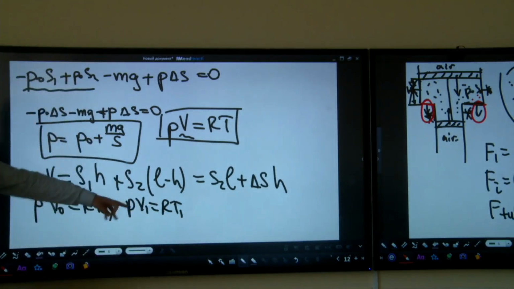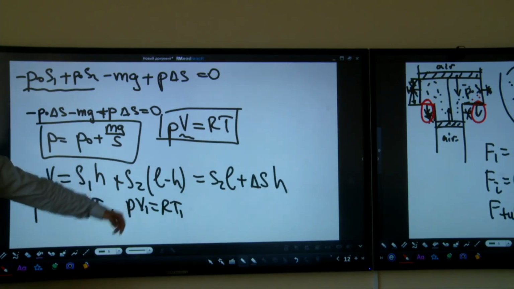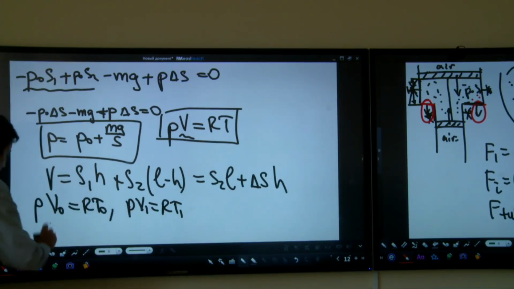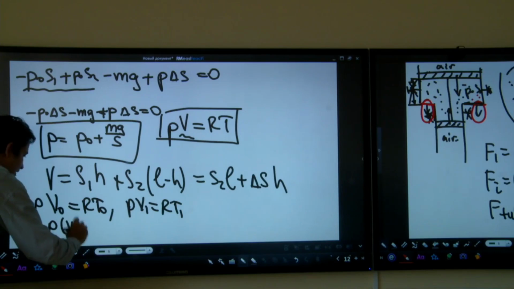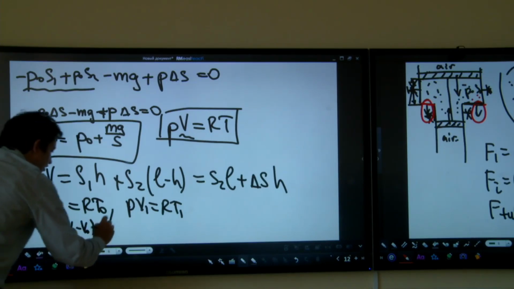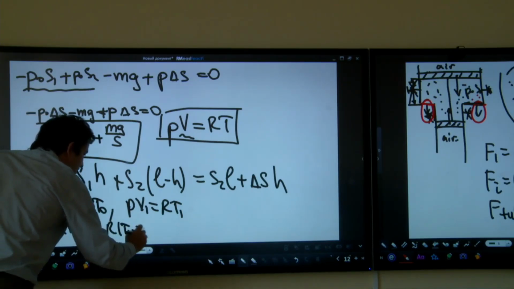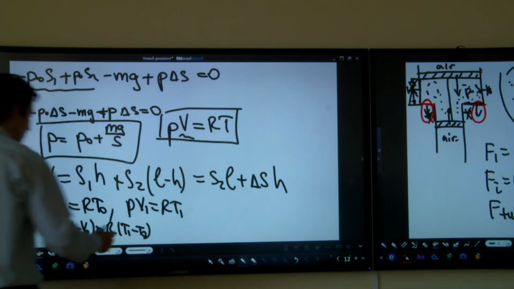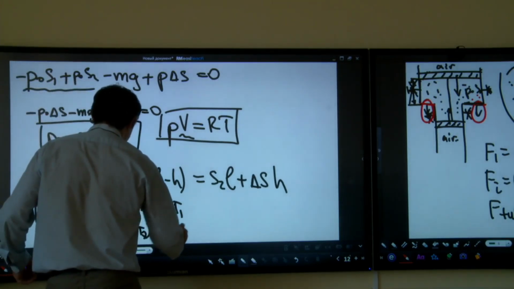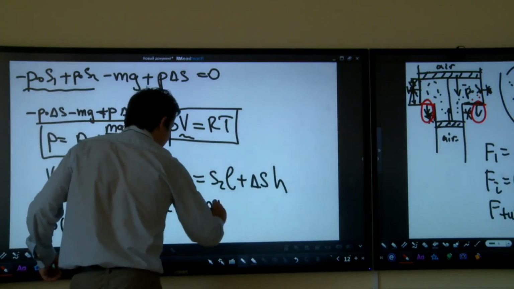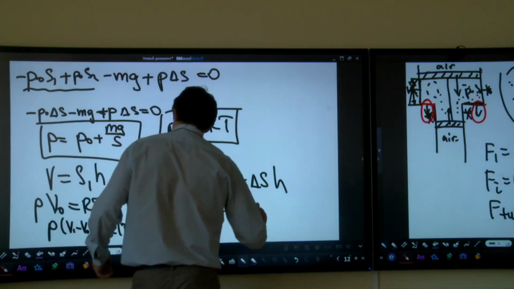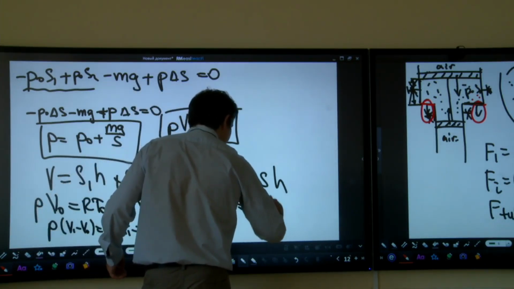Then I subtract the first equation from the second one and get P times V1 minus V0 equals R times T1 minus T0. Or actually, I can write that P delta V equals R delta T.